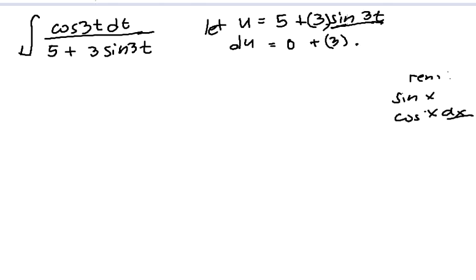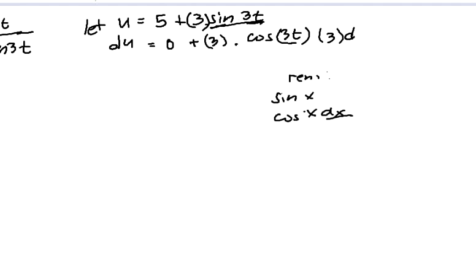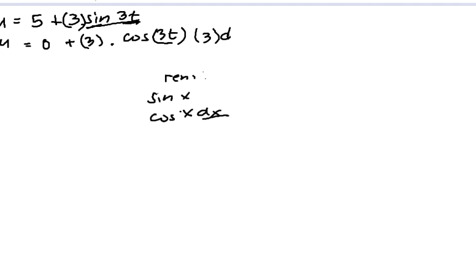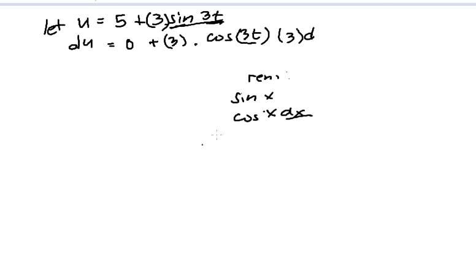So the derivative of this is just cosine 3t multiplied by the derivative of 3t, which is 3 dt.